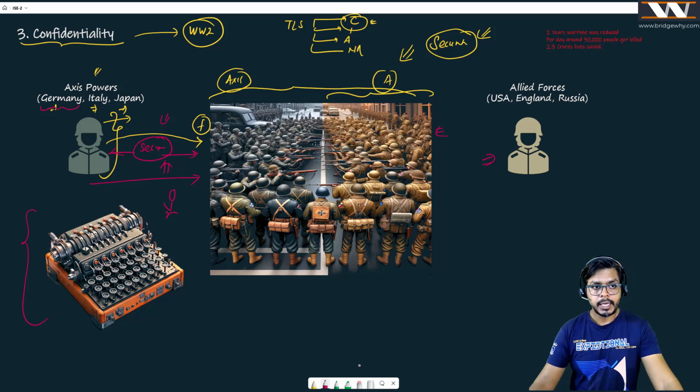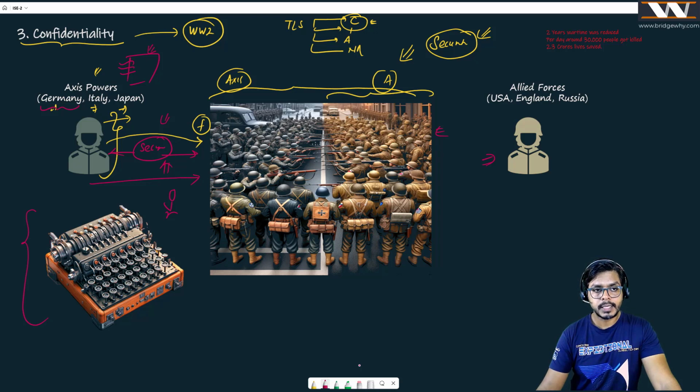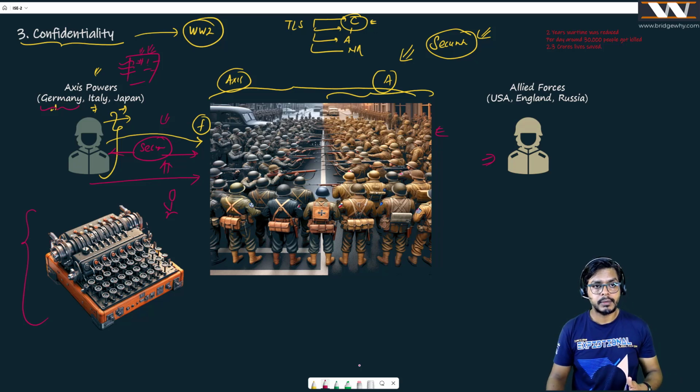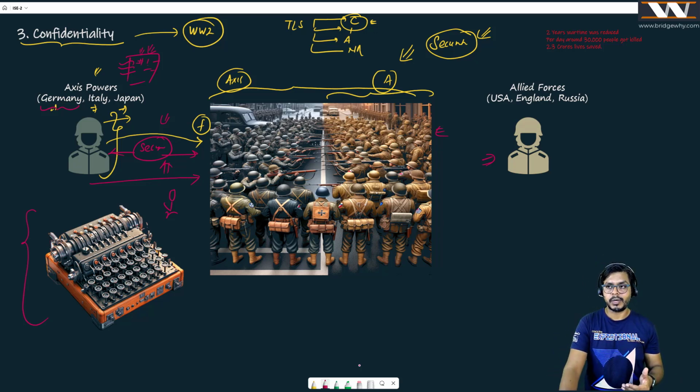It means that if they want to send a message like "the next attack should be from this location," that message you can read, right? Or the message is actually in the form of maybe hashes, exclamation marks, or something else. You can read that this is a hash, this is an exclamation mark, but you cannot get meaningful information out of it. It means Germany is scrambling these alphabets.